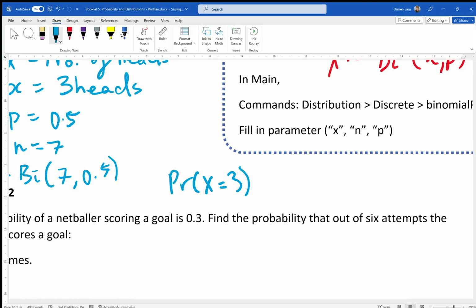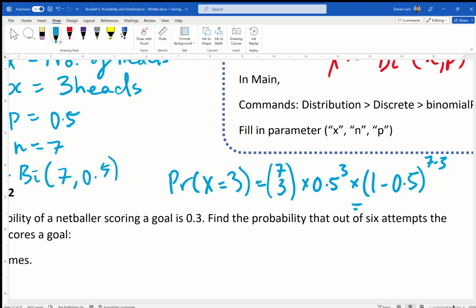So the probability of X being equal to 3 is 7C3, combination, multiplied by 0.5, because it's a probability of success of 0.5, 3 times, so to the power of 3, multiplied by 1 minus 0.5, which in this particular scenario you could just write 0.5, to the power of 7 minus 3. Putting that into the calculator, I'll just tell you the answer is approximately 0.2734.